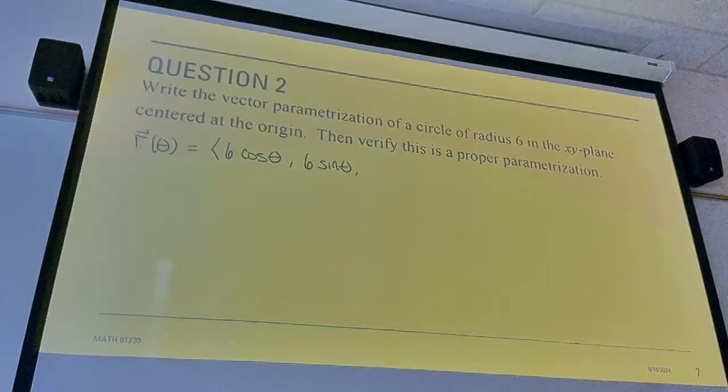Z equals 0. Still not technically done. Theta is all real numbers.